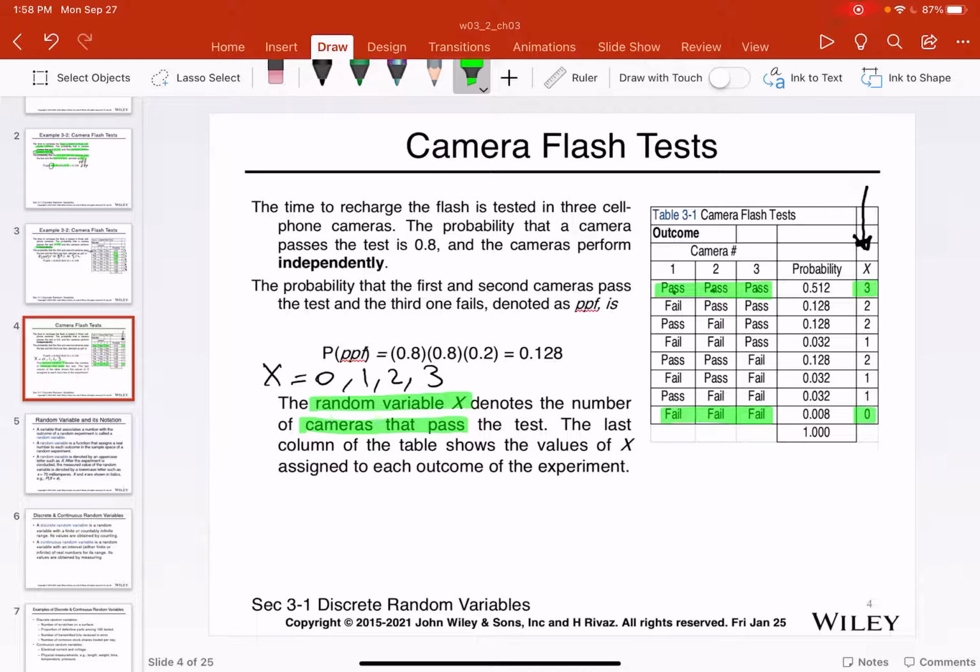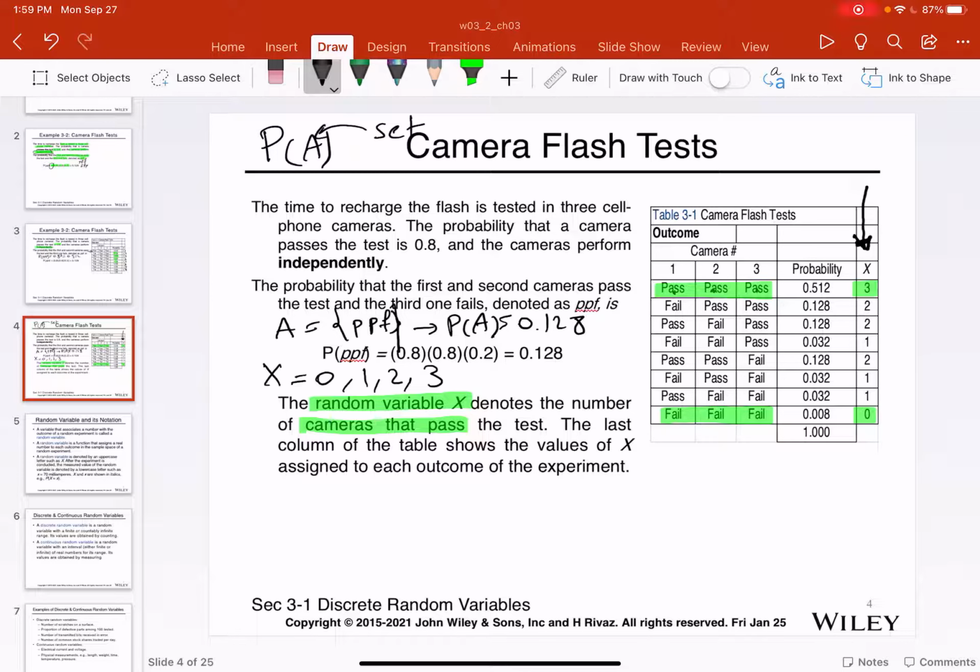Now, what is interesting is that instead of writing, remember so far, we wrote everything as probability of set A, right? A was a set, a collection of outcomes. For example, A can be the event PF. In that case, probability of A will be this number.